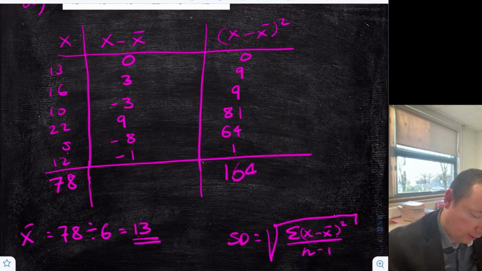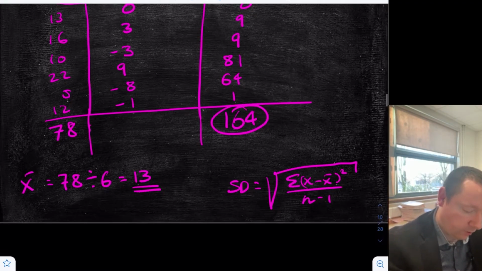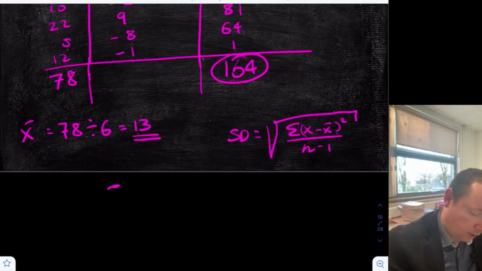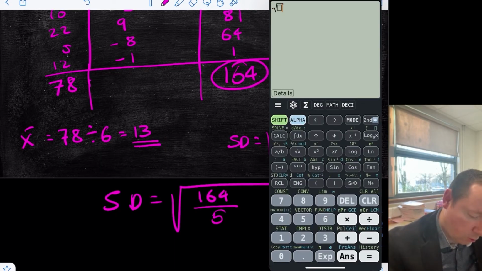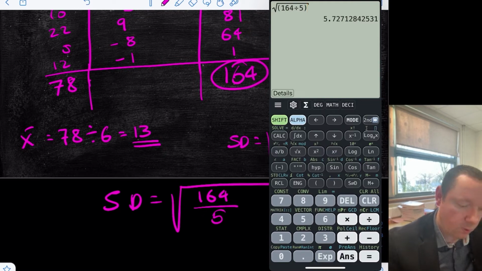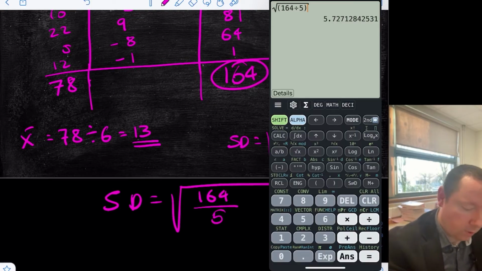And that is our key number that we're going to use in the top of our formula, divided by 1 less than the number we've got, which is 1, 2, 3, 4, 5, 6, so it's 5. So our standard deviation is equal to the square root of 164 over 5. Square root, open brackets, 164 divided by 5, close brackets, is 5.727, or 5.7 minutes to 1 decimal place.